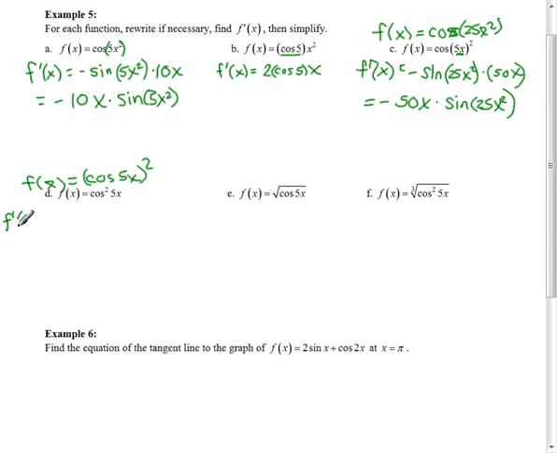If we're going to take the derivative, the derivative would be 2 times that inside part, subtract 1 from the power, so that's just a 1, times, now we have to use the chain rule because we had a function on the inside. What's the derivative of cosine of 5x? Well, that would be negative sine of 5x.